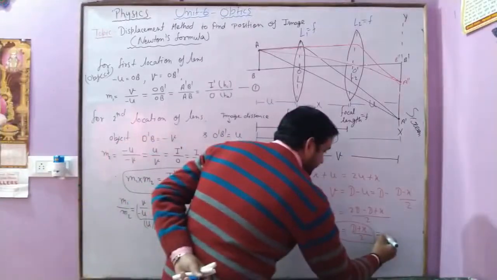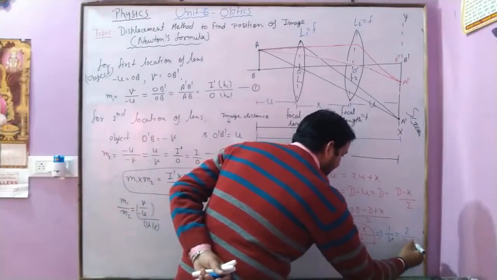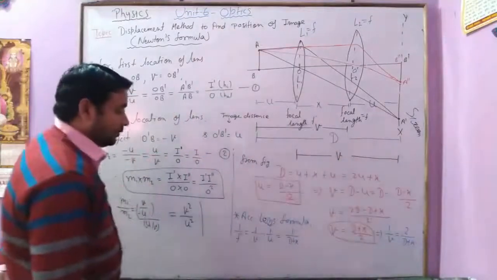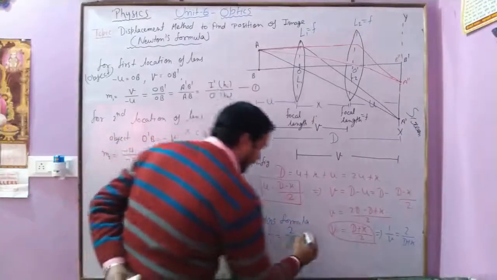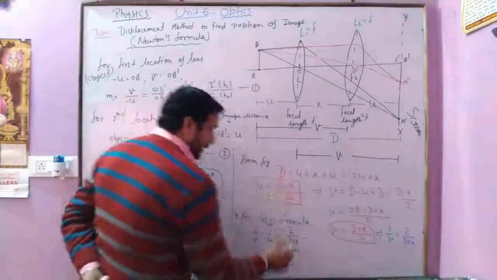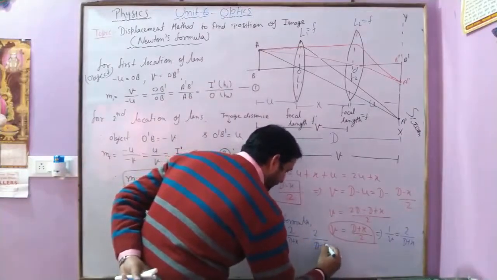This 1 upon v gives 2 upon d plus x, and minus this, again we get the same 2 upon d minus x.